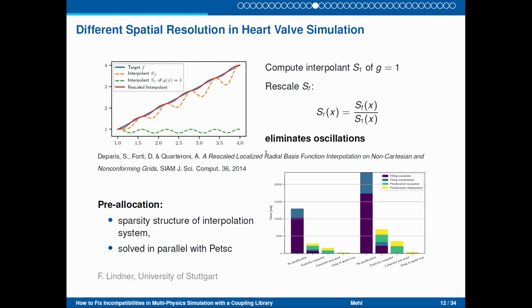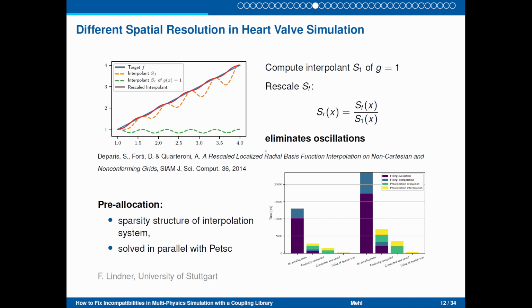The second thing, the lower part of the slide shows you what you have to do in the implementation. We, of course, also don't write all numerics on our own. We used PETSc to solve this system of equations for the interpolation. And if you do this in the wrong way and don't tell PETSc in advance the sparsity pattern of my matrix that is to be solved, then the runtime takes just forever just to assemble the matrix.